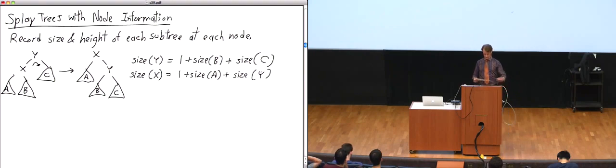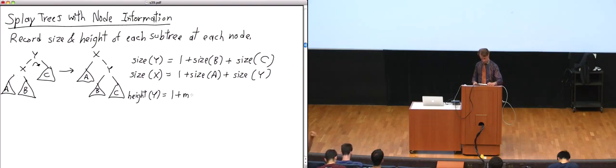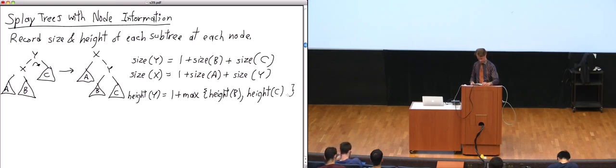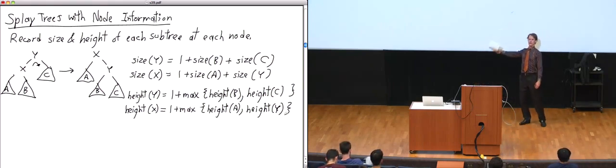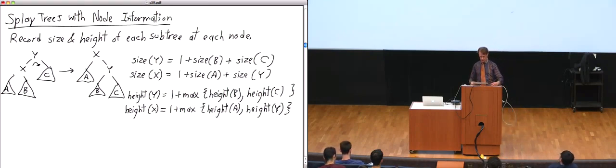And I can do a similar thing for the heights. By the way, to make these last two formulae work out for the height of a tree, we're going to use the convention that the height of an empty tree is minus 1.